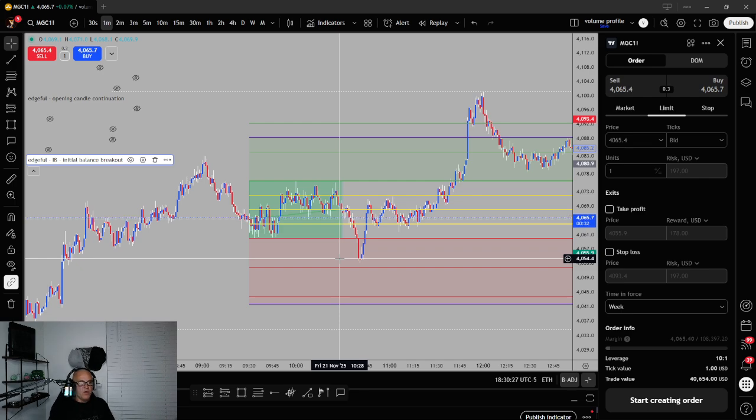Now, what I like to do is, depending on the numbers, if it has a high probability of coming back to the 25, I would like to wait for that level to be hit before I take a trade. Okay.